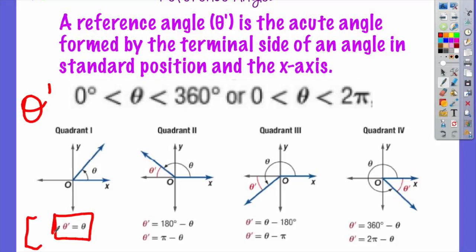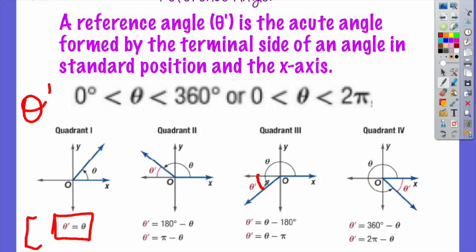However, in the second quadrant, you do 180 minus the angle that's given to you to get your reference angle. Or if you're in radians, it's pi minus theta. In the third quadrant, again, the distance away from the x-axis, or you could do your angle minus 180, or your angle minus pi.